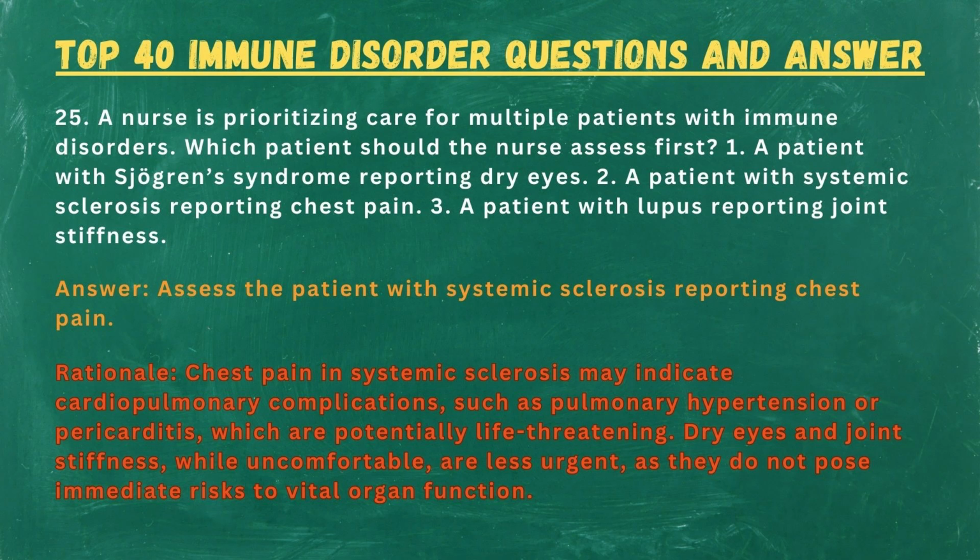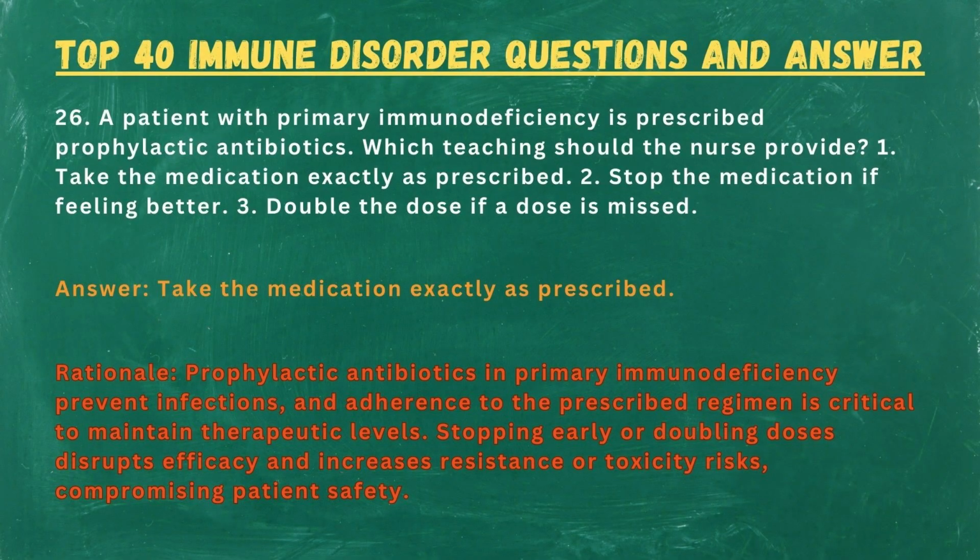Rationale: chest pain and systemic sclerosis may indicate cardiopulmonary complications, such as pulmonary hypertension or pericarditis, which are potentially life-threatening. Dry eyes and joint stiffness, while uncomfortable, are less urgent, as they do not pose immediate risks to vital organ function.